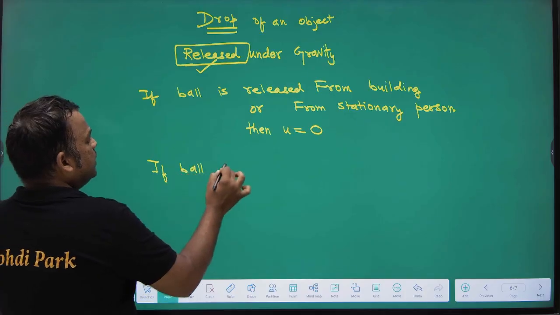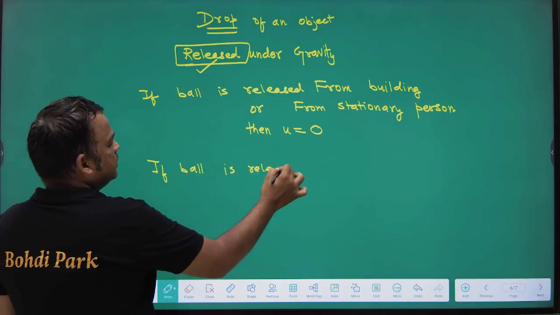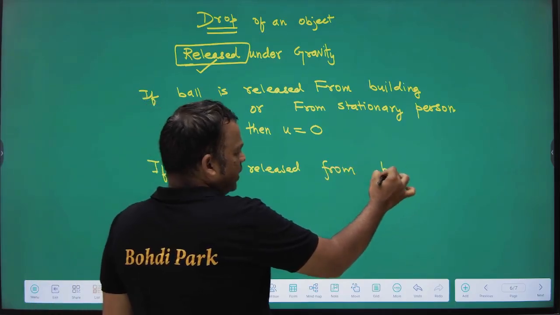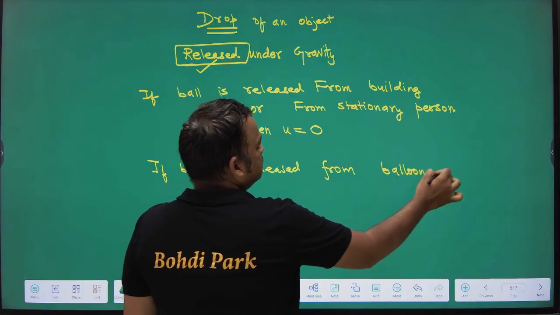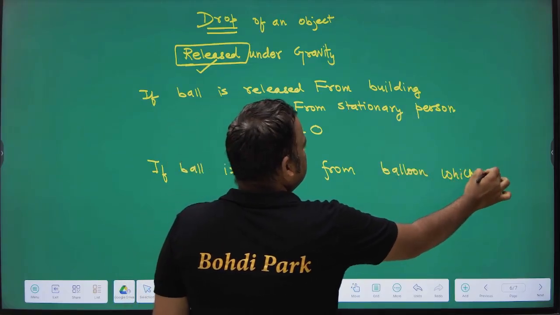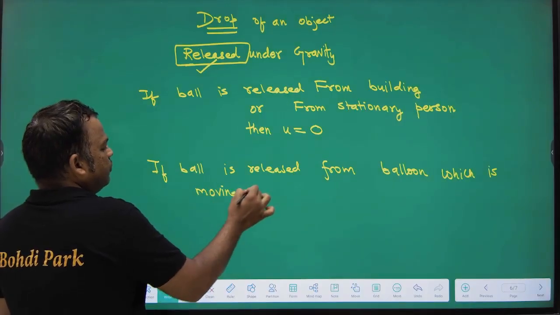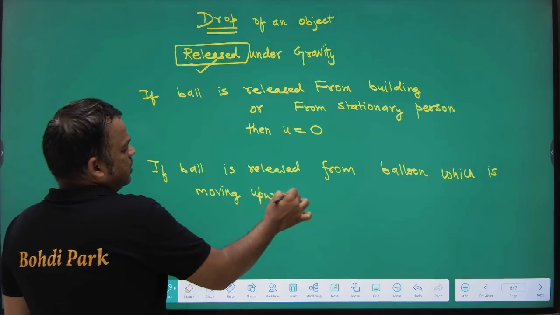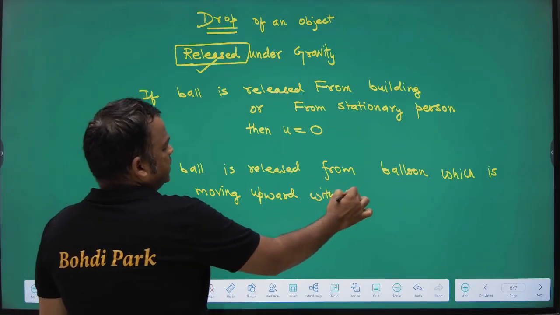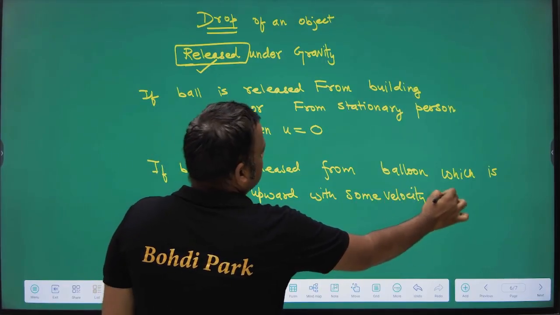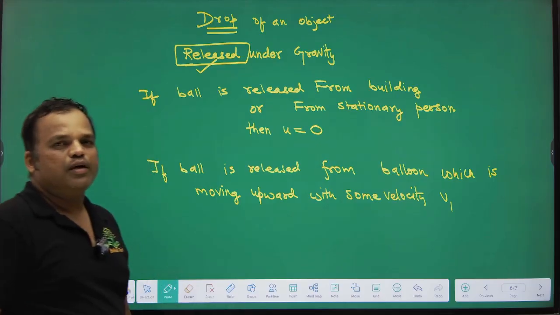If a ball is released from a balloon which is moving upward with some velocity, say v1, balloon is moving upward.